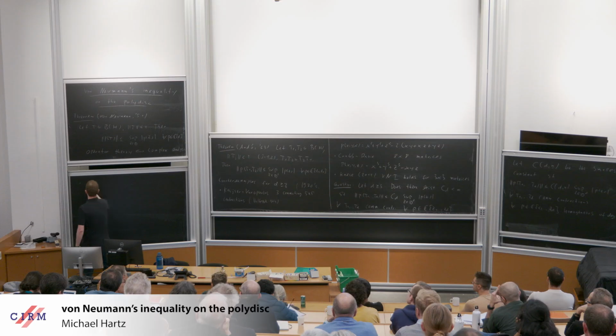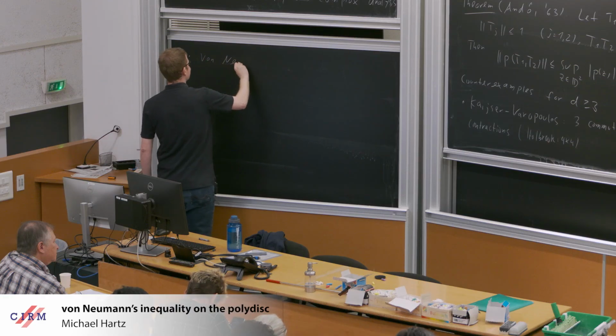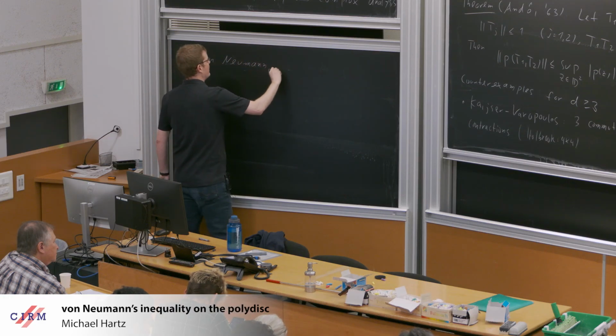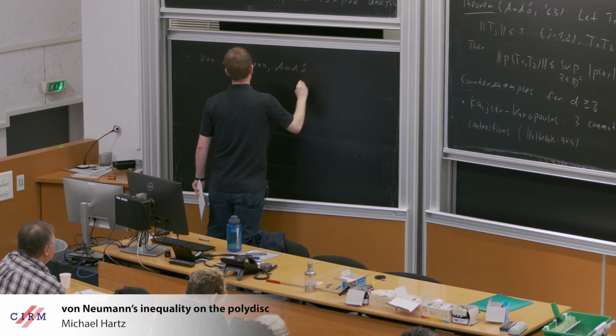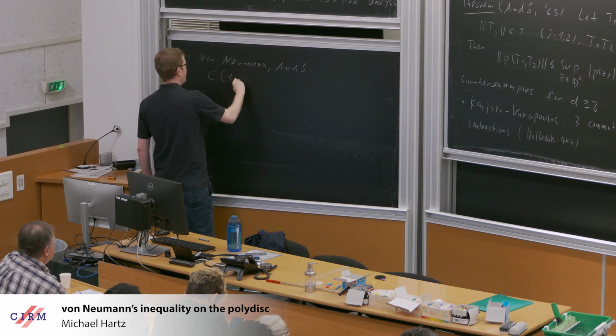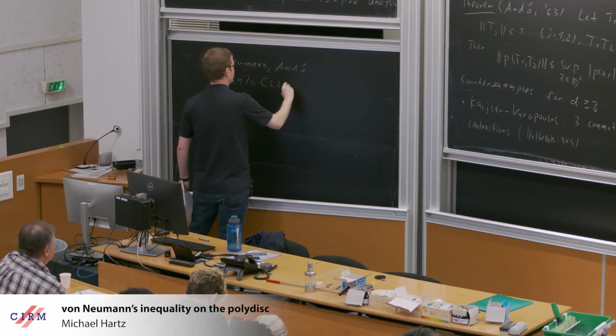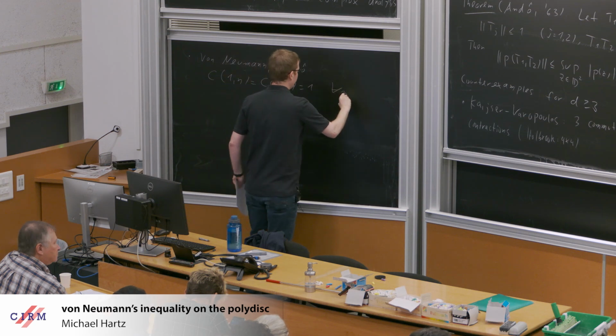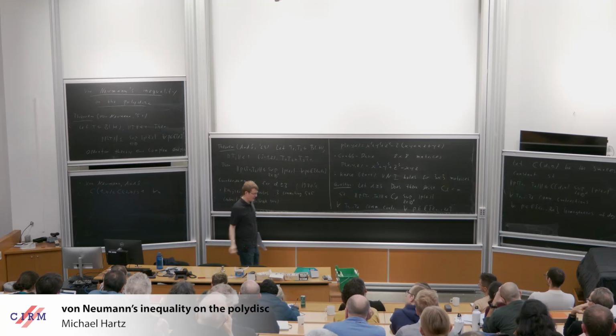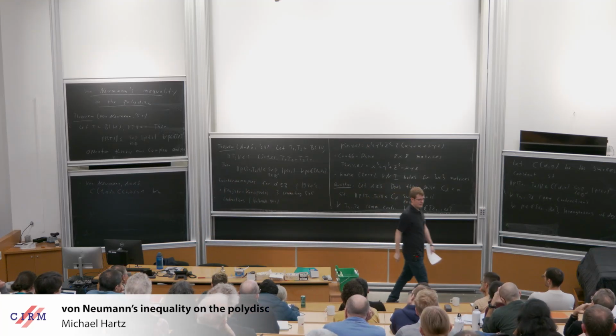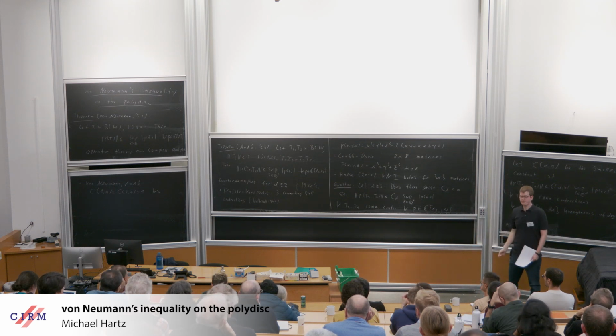So von Neumann and Andô tell us that C_{1,n} is the same as C_{2,n} is equal to 1 for all n. Okay, so I'm only going to talk about D at least 3 now.